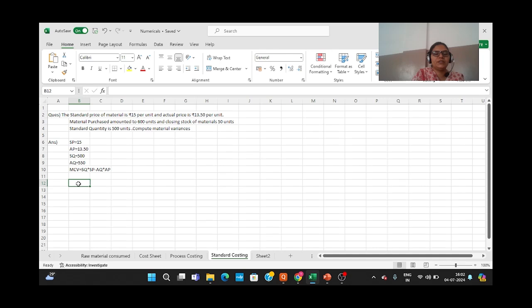Now we can input these values in the formula. Material cost variance is standard quantity into standard price.